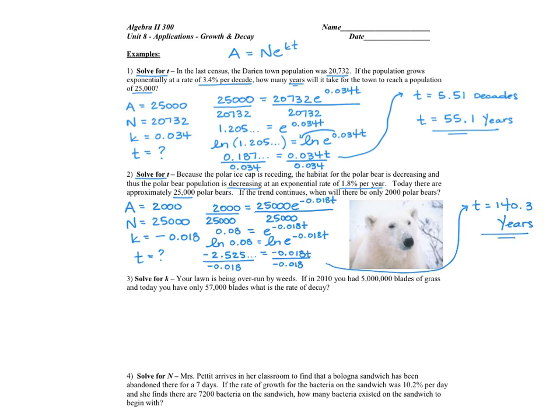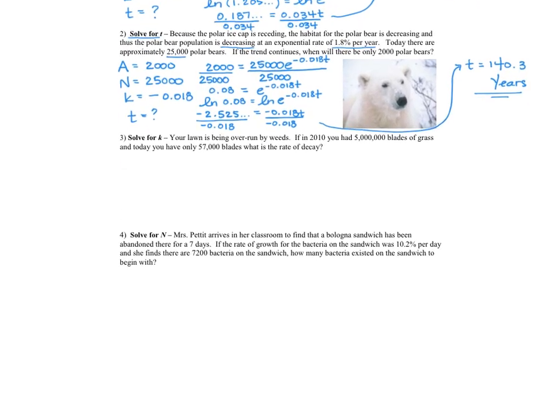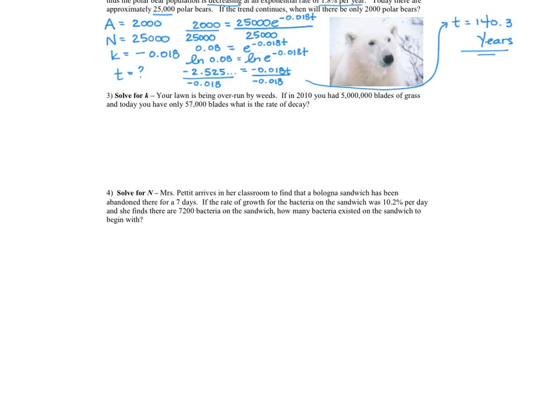So we've solved one problem for time where the value of k was increasing, and we solved for time in one case where the value of k was decreasing. Now let's try and see if we can solve a problem where we're actually solving for k.